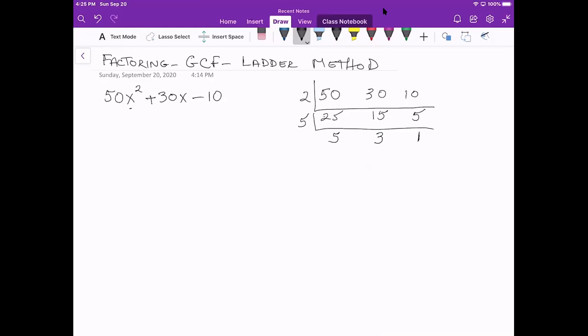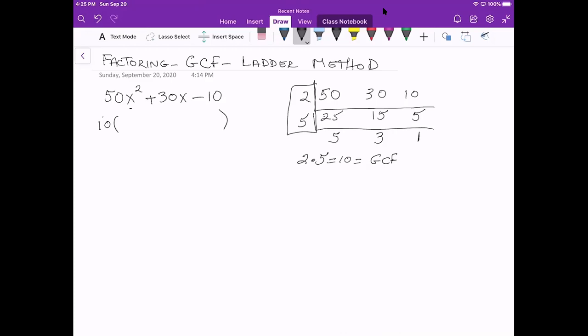So I am done. So I go ahead and I take these two numbers, 2 times 5. I multiply them, and I get 10. And look at that. That's my GCF, my greatest common factor. And I go ahead and I will write that here. And I know that that's what comes out.